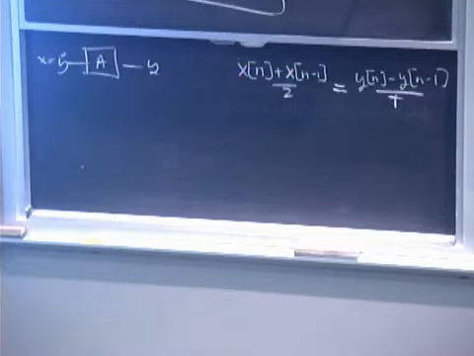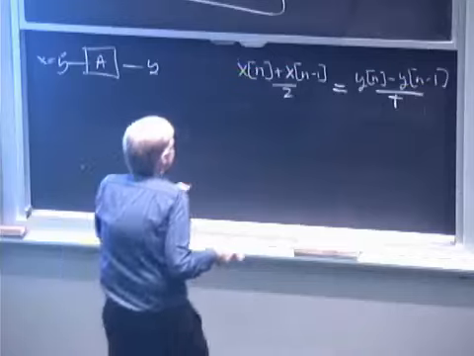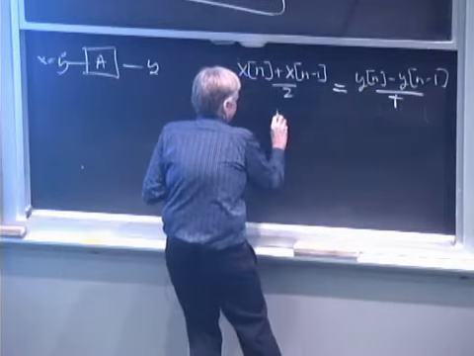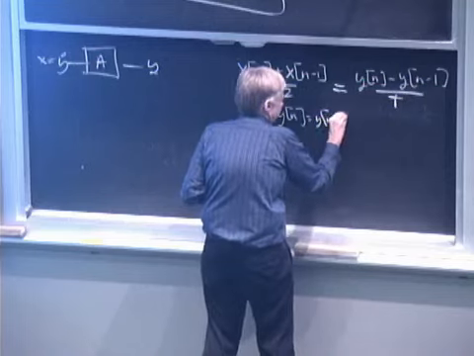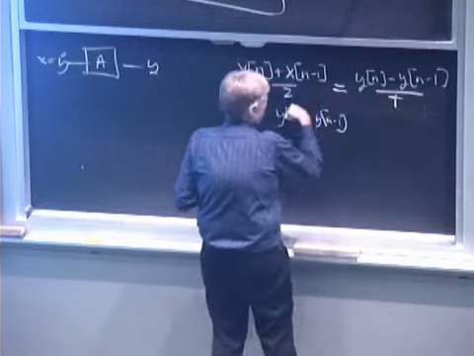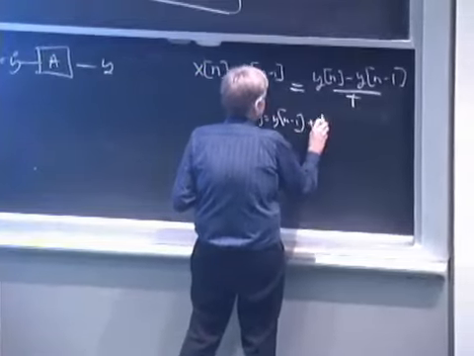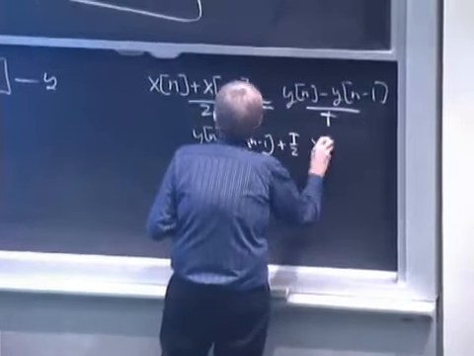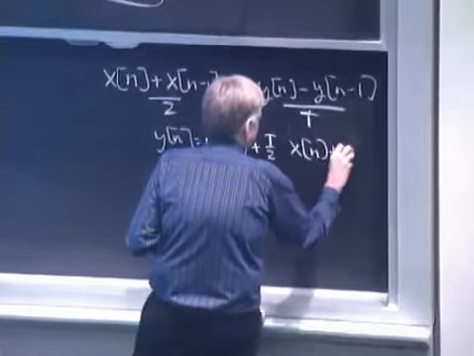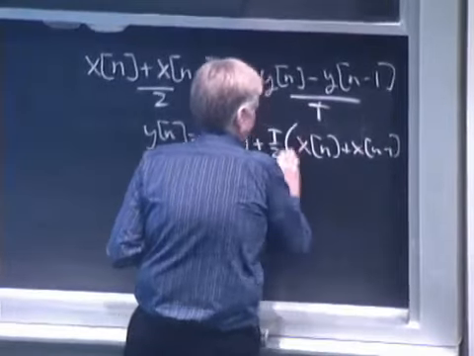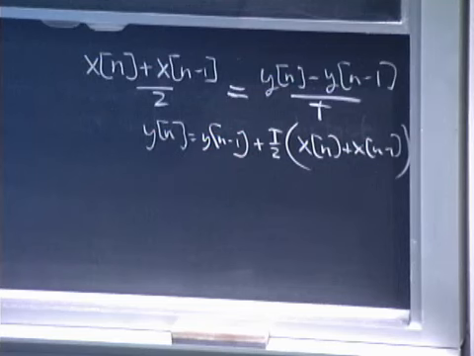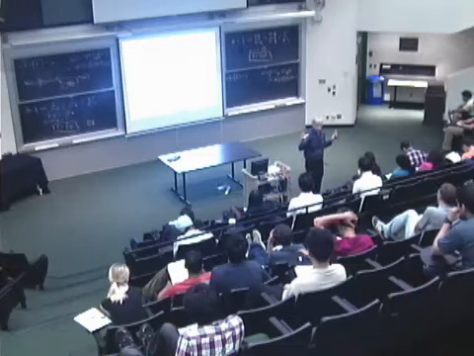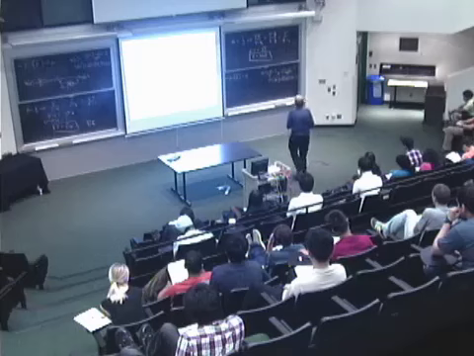Okay? And so that gives me a different way of doing the approximation. I get y of n should be y of n minus 1, let's see, plus t over 2 x of n plus x of n minus 1. Just a different rule for how to do the derivative. That's all I've done.